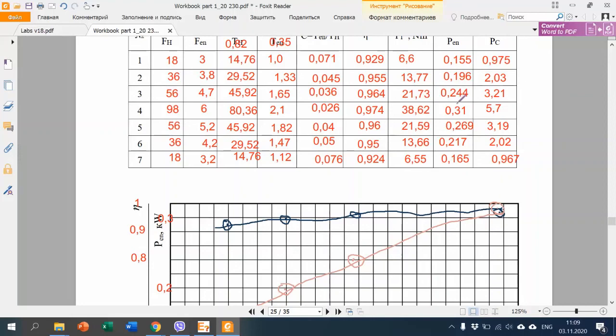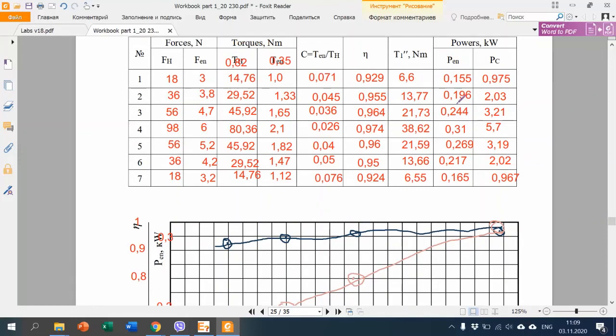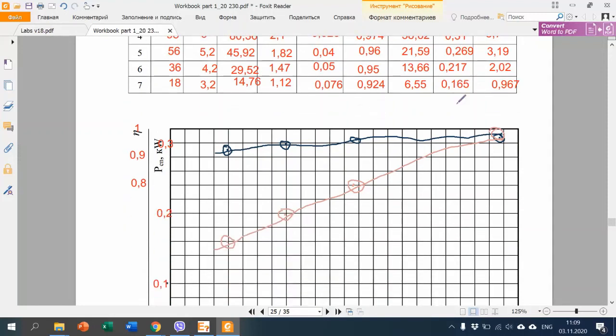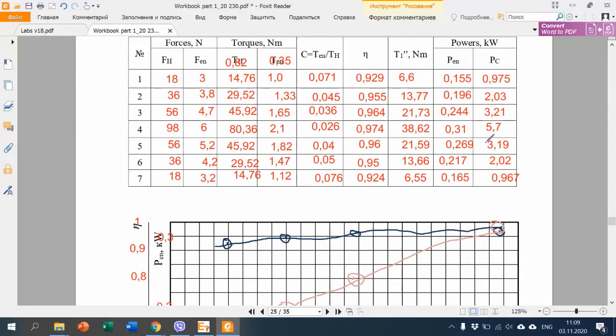It's the first idea, and we should know that sometimes we need not pay much money to make an investigation. And the second conclusion we can make is that efficiency really increases. The same as in the previous laboratory work, we saw that the higher the load, the higher the efficiency.